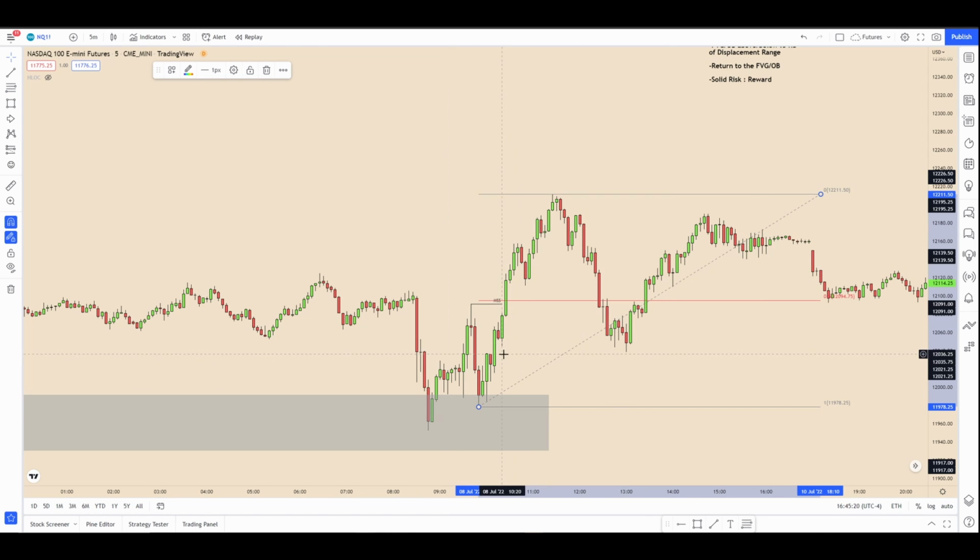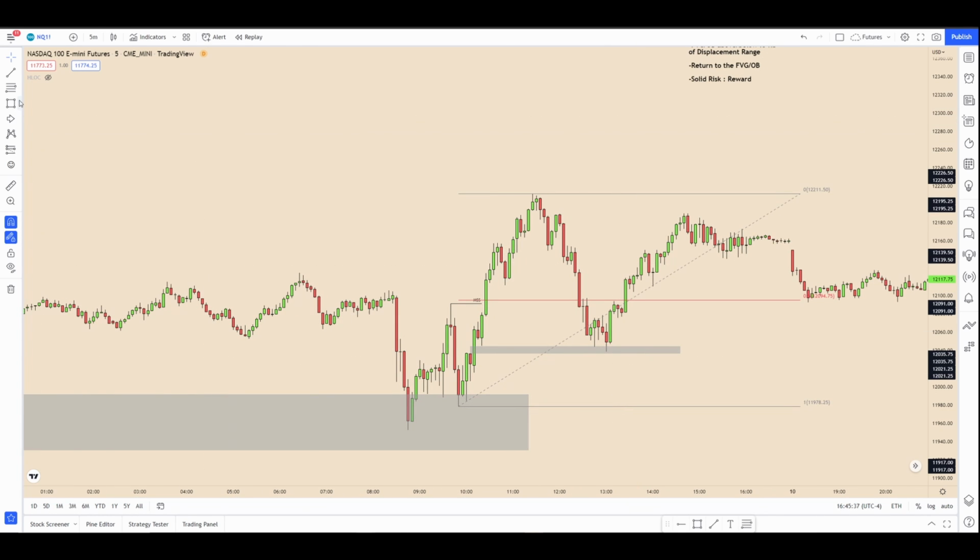So now if you're wanting to long, you want to long at a discount, right? Well, is there any fair value gaps in discount here? Yeah, one right there that has not been mitigated. So that would be your entry. And risk to reward there, you have your first partial.